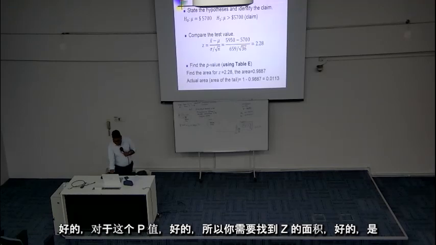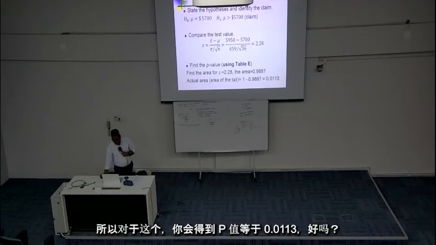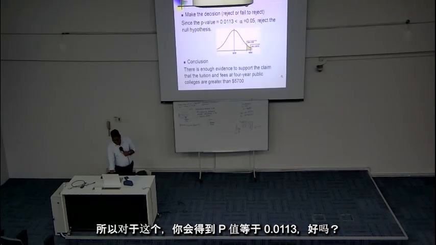For this p-value, you need to find the area of z equal to 2.28, and the area is 0.9887. So you will get the p-value equal to 0.0113.